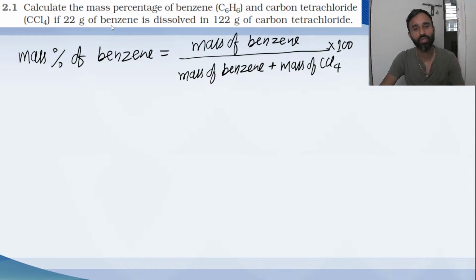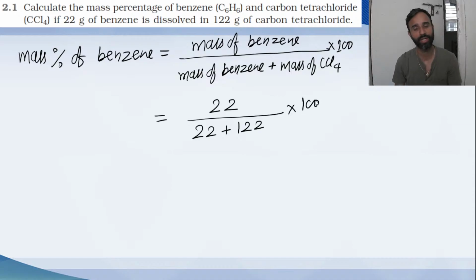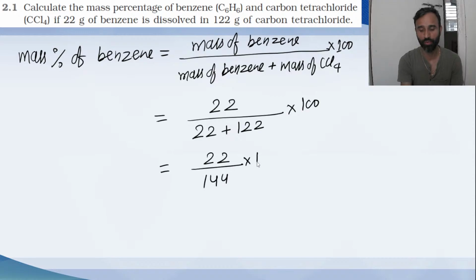So see, mass of benzene is given to you. Mass of carbon tetrachloride is also given to you. So nothing left, just put the values. Mass of benzene 22 divided by mass of benzene plus mass of carbon tetrachloride into 100. That is 22 divided by 144 into 100.